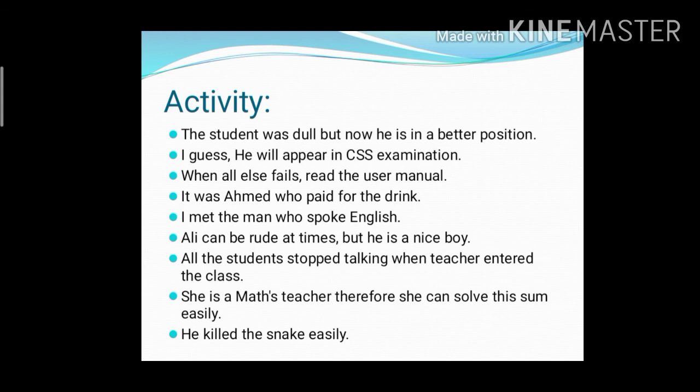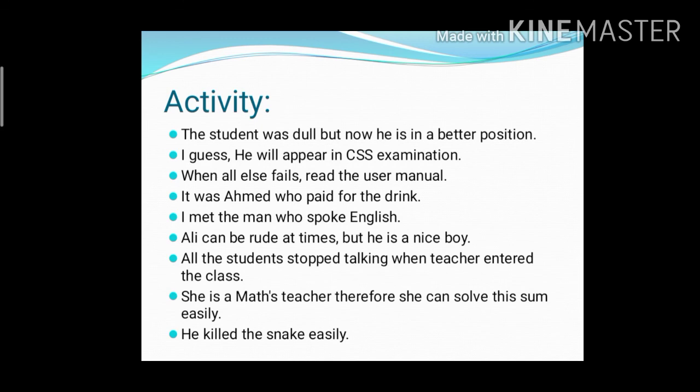Here I met the man is an independent clause. Who spoke English is our dependent clause. So here we can say that it is also a complex sentence. Ali can be rude at times, but he is a nice boy. Here both the clauses have been joined with the coordinating conjunction but and both are independent clauses, so we can say that it is a compound sentence.